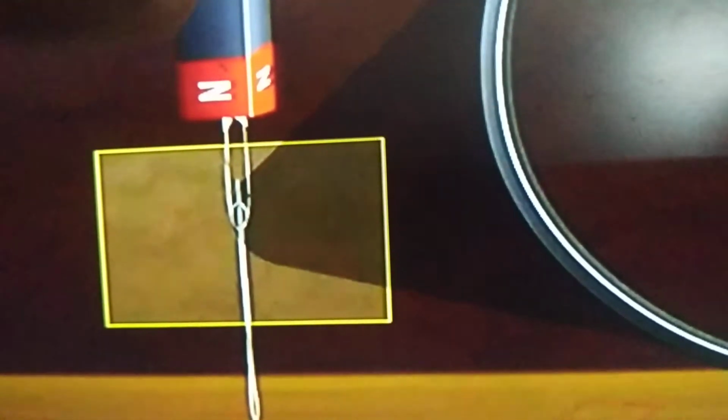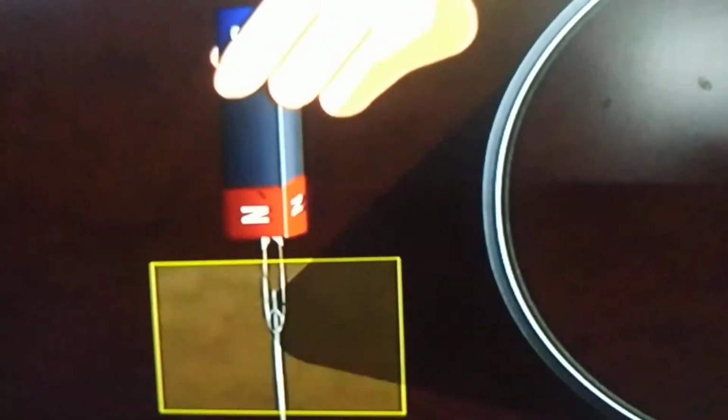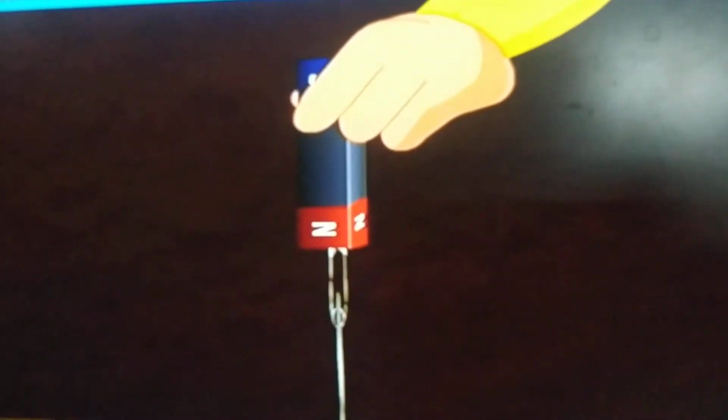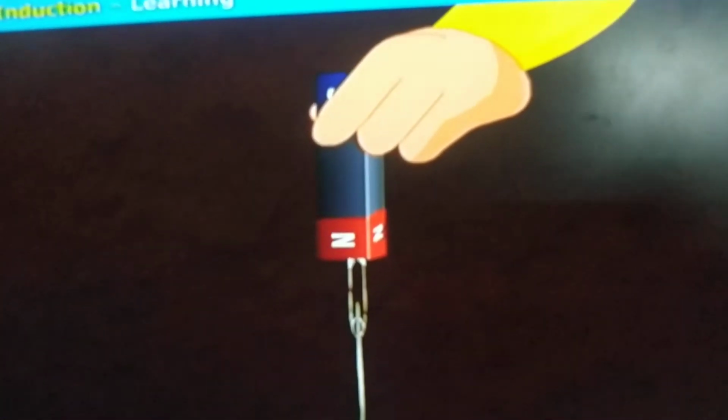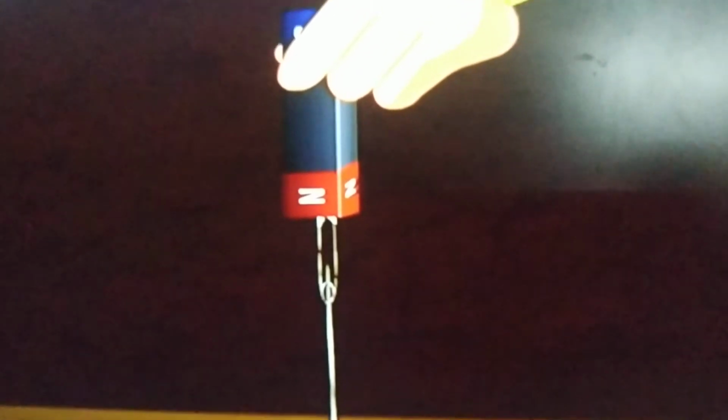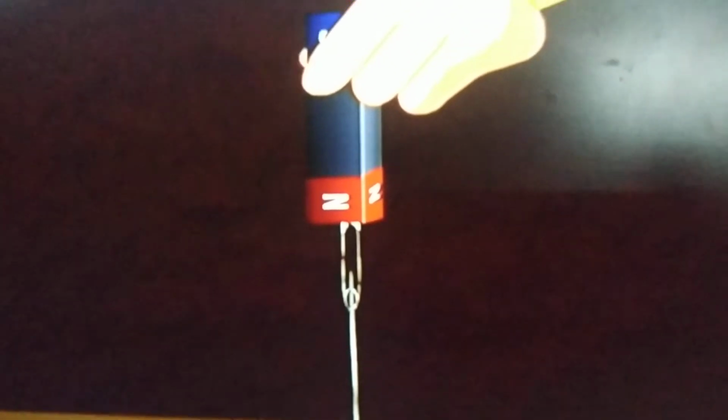For example, if you remove the magnet here, does the safety pin attach the needle? No. Until it has that property, maybe it can stick, but later it cannot. So what can we learn from this? We learn that the safety pin acts as a magnet when it is in contact with another magnet, because magnetic property is induced in the safety pin due to the bar magnet.